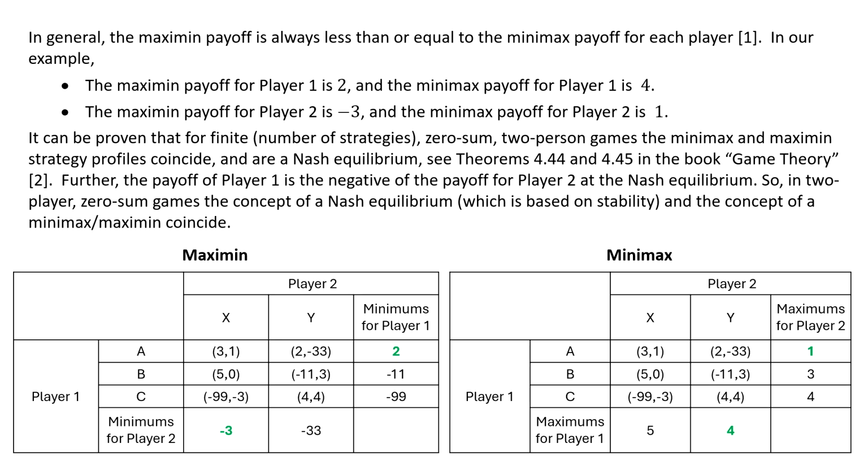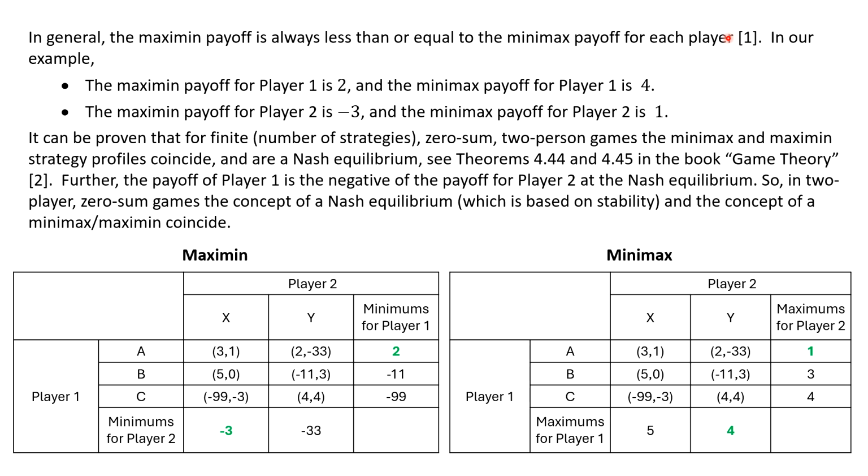Just continuing with our example, I have both of the analyses listed here at the bottom. So we've already done this work here. In general, the maximin payoff is always less than or equal to the minimax payoff for each player. And I'll give you a reference to a paper on this that has, I believe, a proof if you're interested in that.